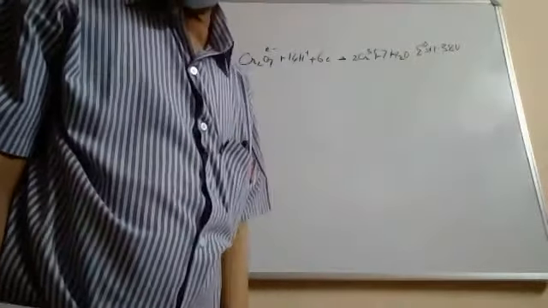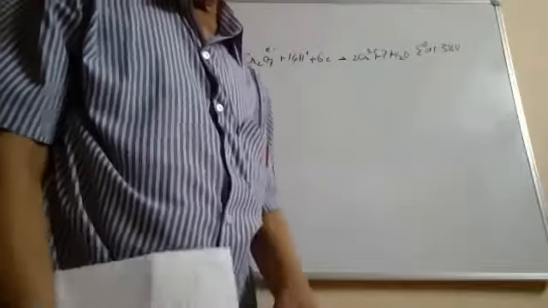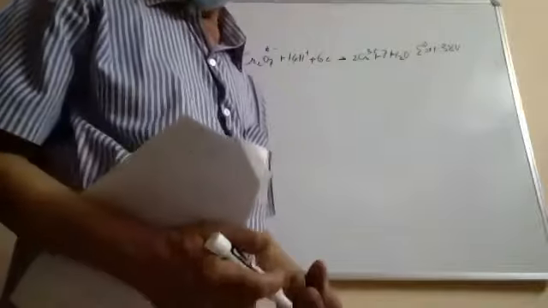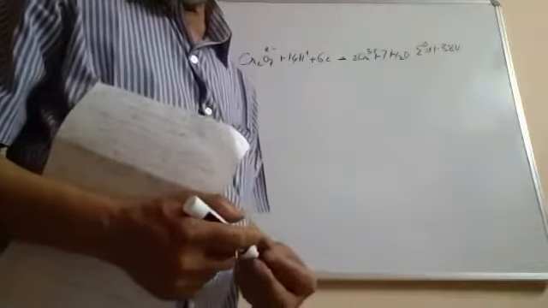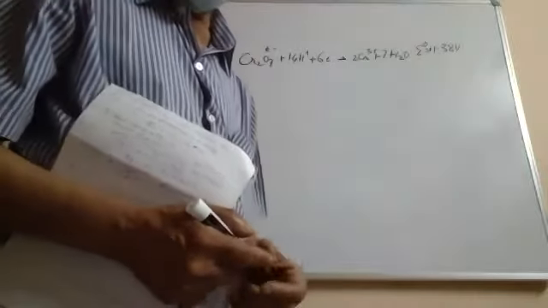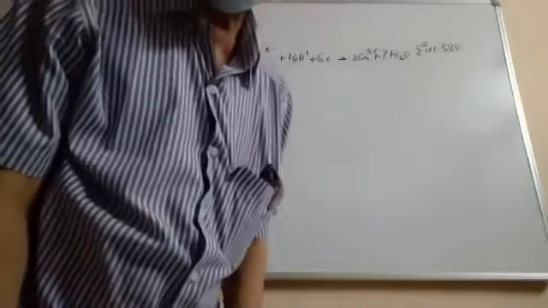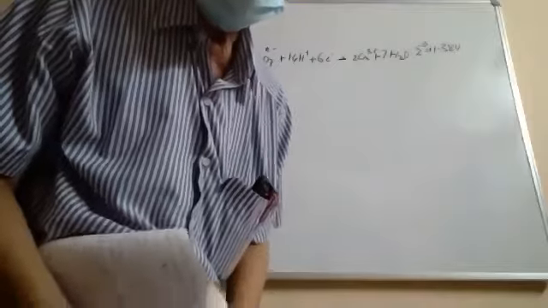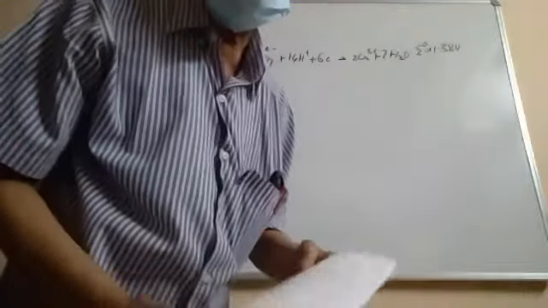So the delta G is going to be negative. Is the reaction spontaneous or non-spontaneous if the free energy change is negative? It should be spontaneous. Right. So if the free energy change is negative, it must be spontaneous.